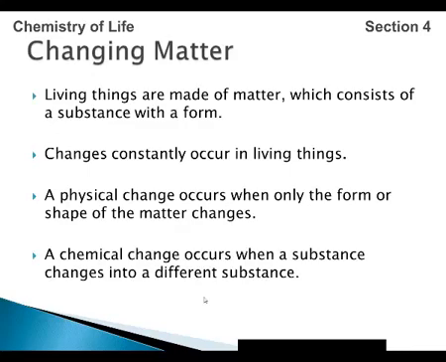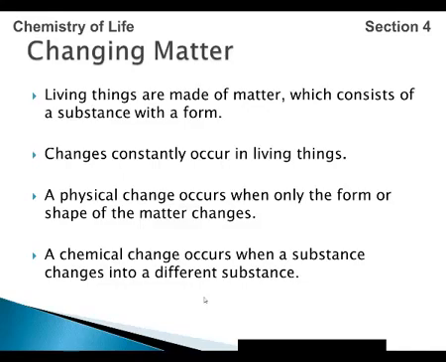So, changing matter. Living things are made up of matter, which consists of a substance with a form. Changes constantly occur in living things. We are constantly going through reactions inside of our body, changing the substances that we take in through the process of digestion and respiration.